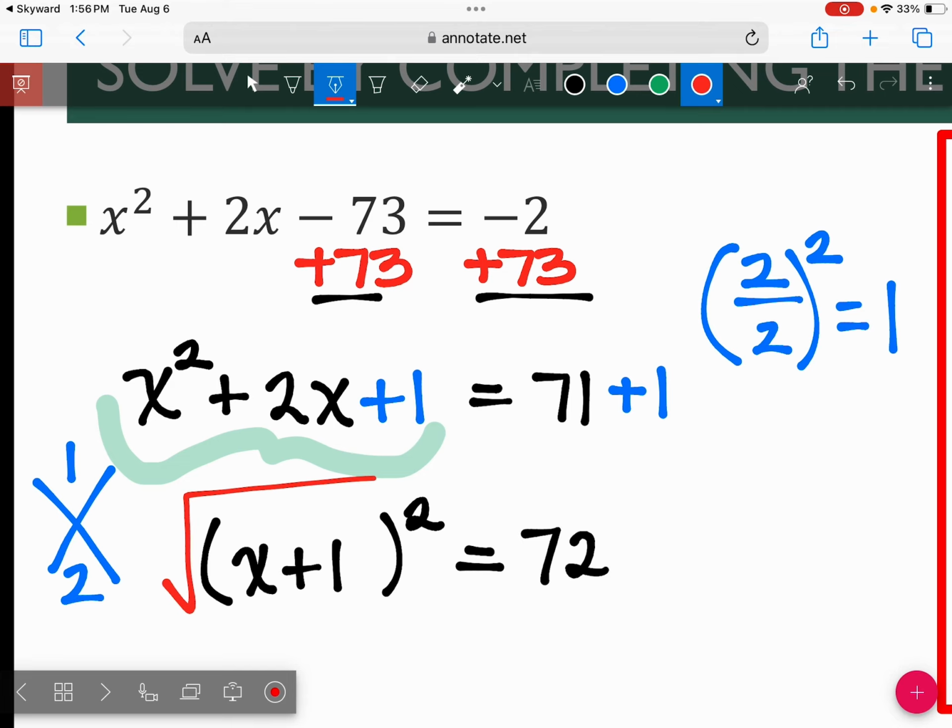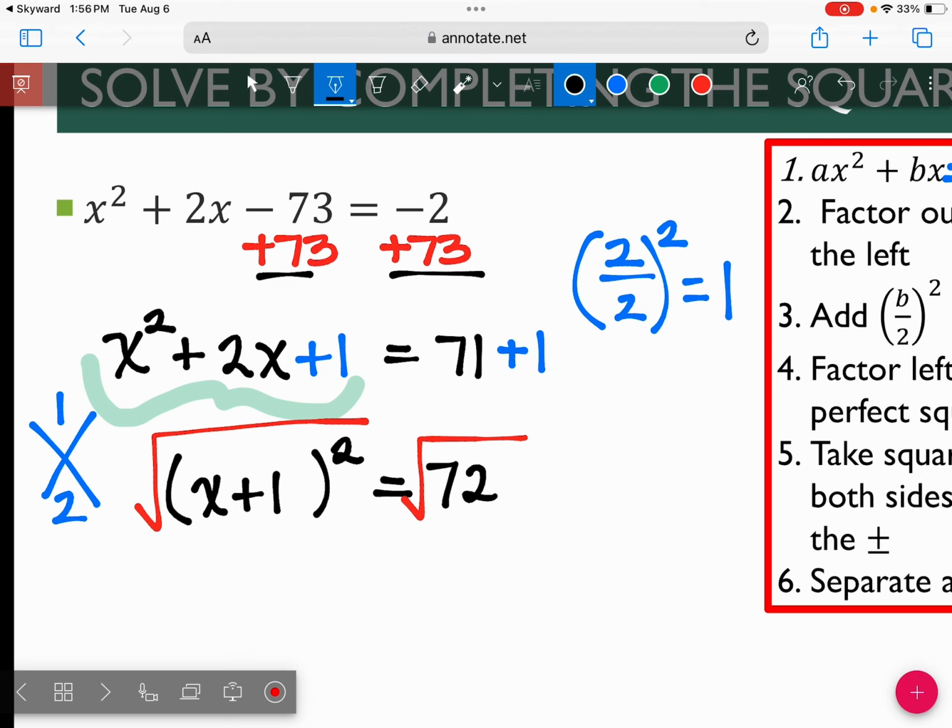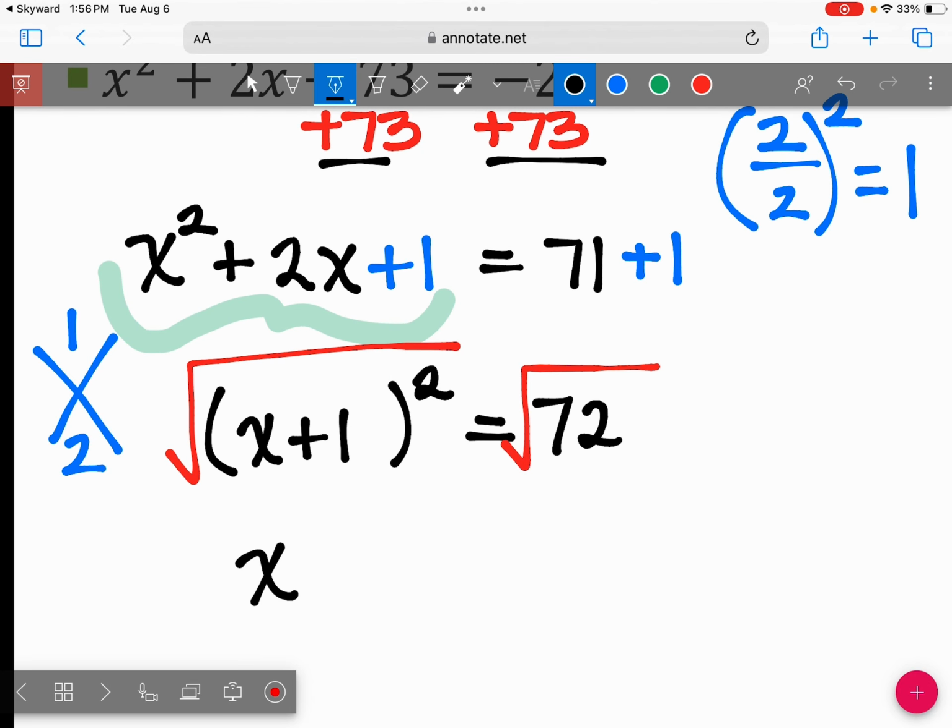So now we're ready to take our square root of both sides, which is going to give you x plus 1 equals plus and minus the square root of 72. So now let's take a little detour to something that we should have learned back in the day. Simplifying a square root.